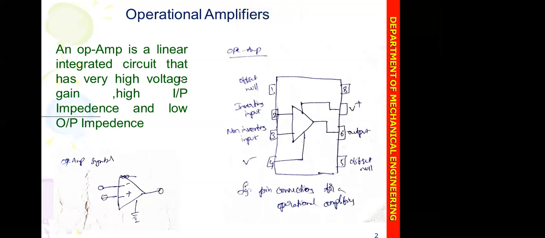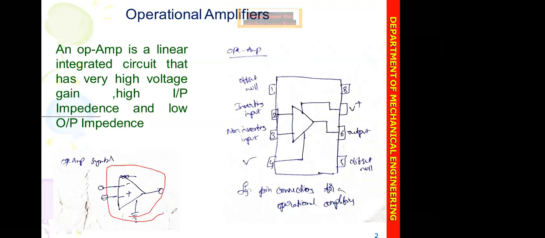So the operational amplifier is a linear integrated circuit or IC chip that has a high voltage gain, a high DC gain of around 1 lakh, high input impedance and low output impedance. And this is the symbol of the operational amplifier, right?